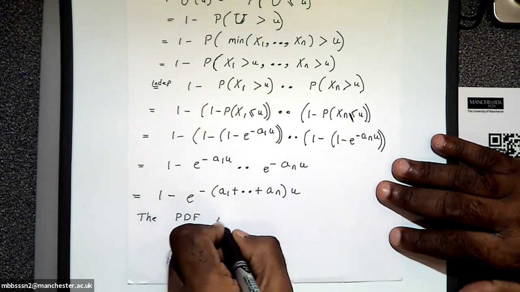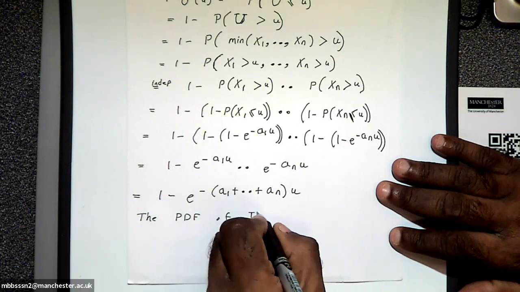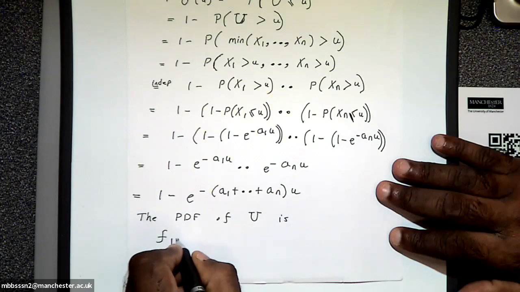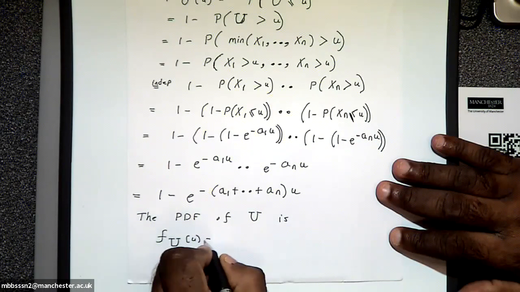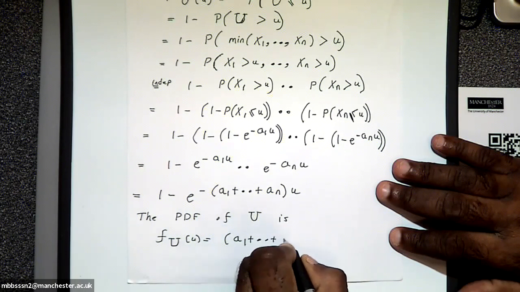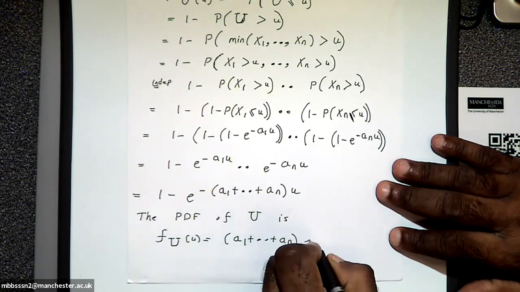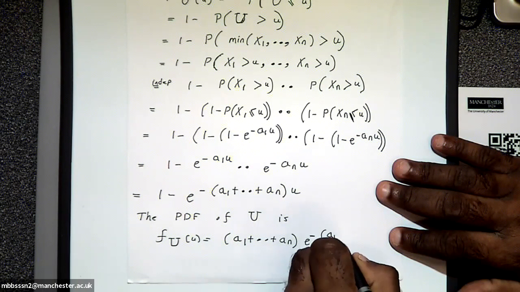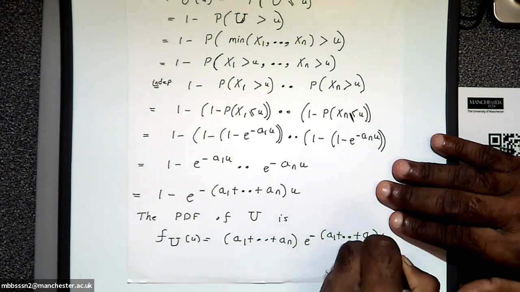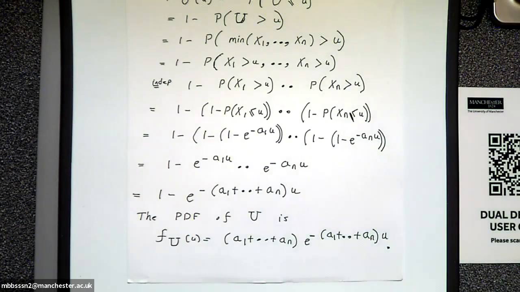Now, to find the PDF, I think I've run out of time. The PDF of U is just, you differentiate this with respect to U, so you get this. All right.